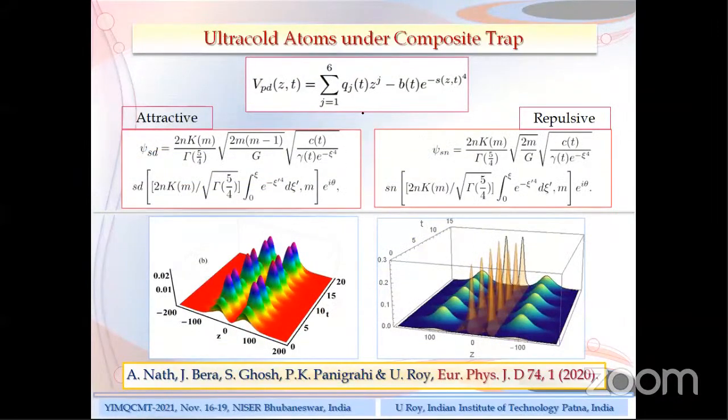So this is another way of trap control, where we try to address a tunable double well trap. Because the double well trap is very much useful for technological applications, and a lot of interference and logic gates and many things are implemented in this trap.